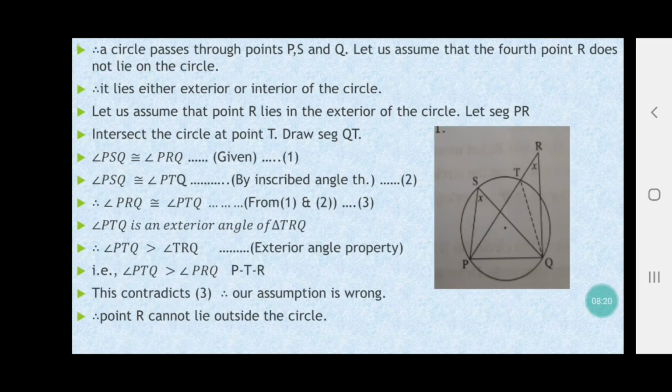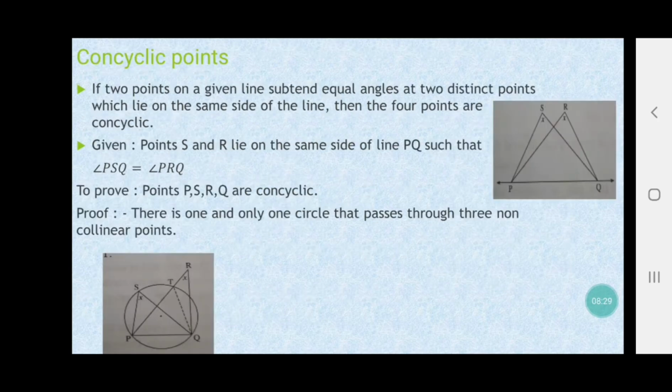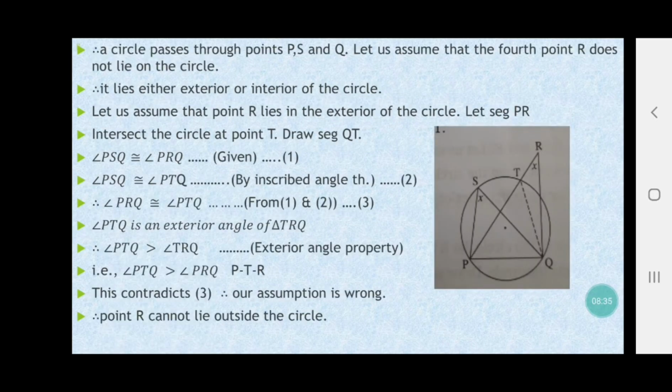Now here we have to do a certain construction. We take three points as we have done in the previous one, the converse of cyclic quadrilateral.